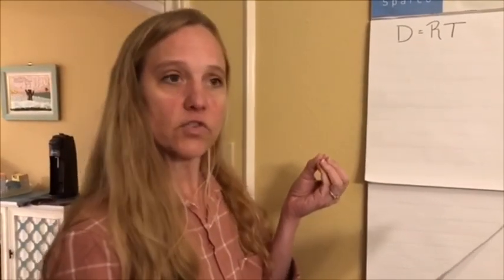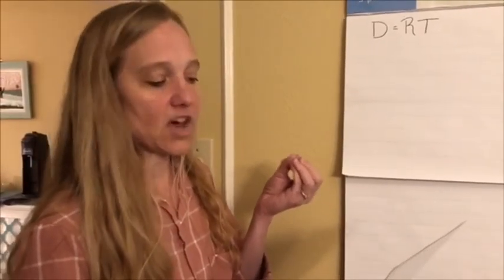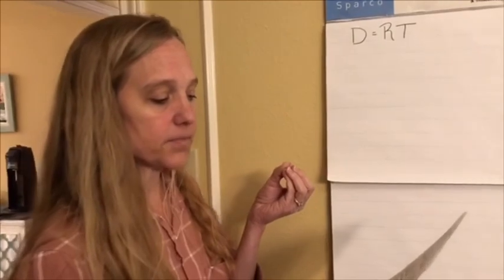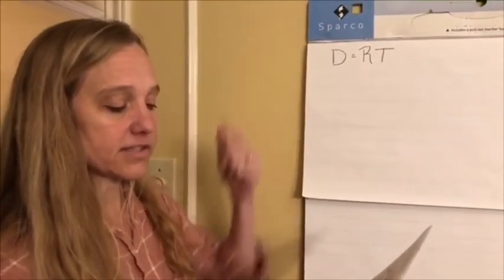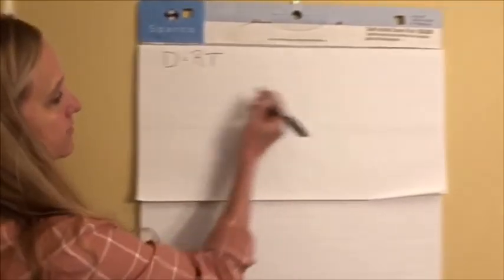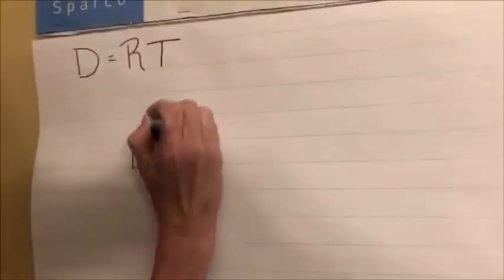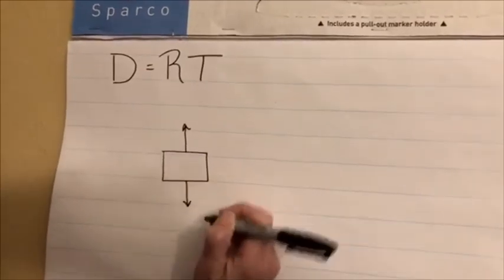So in the very first example, in your notes, you have a southbound bus leaving Fort Walton Beach at 9 a.m. and then 2 hours later, a northbound bus leaving the same station. Okay, so if you can imagine, you have your bus station, right? And you have one bus heading north and the other bus heading south, okay?